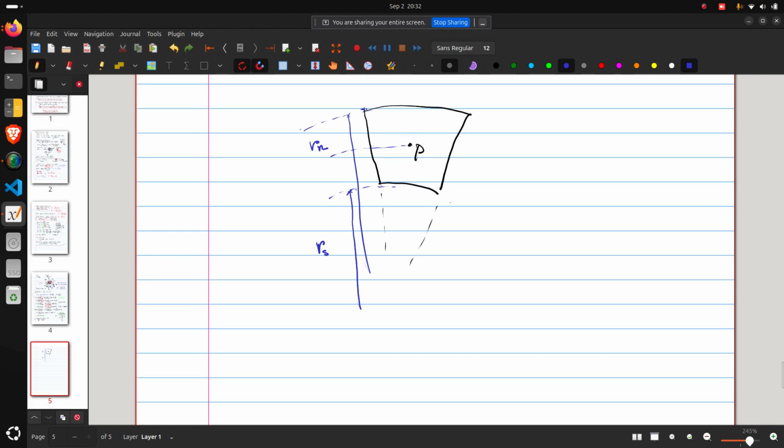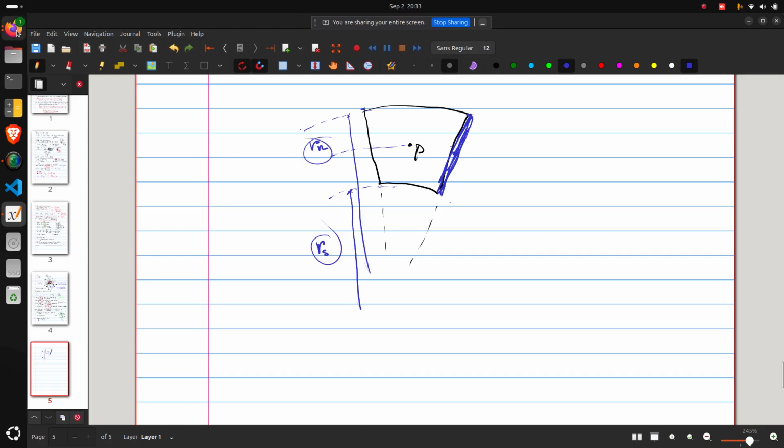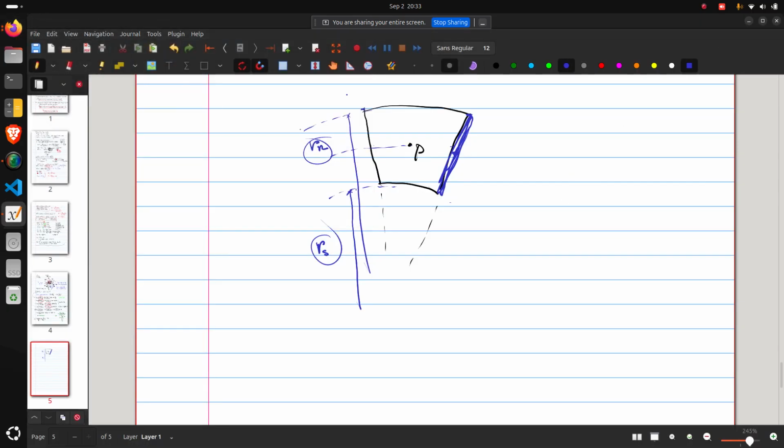And we are considering, for example, the east face. If we consider this face, which radius should we take? Should we take the south one or the north one, or somewhere in between? Somewhere in between seems to be the correct one, right? So somewhere in between is nothing but R capital P.